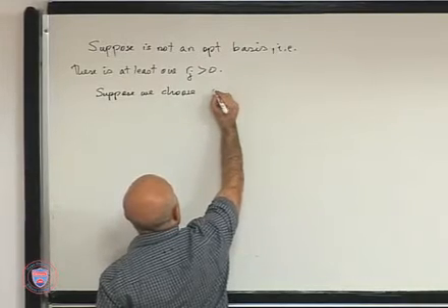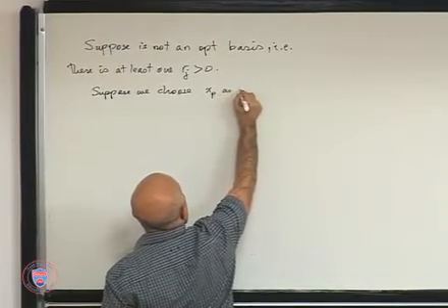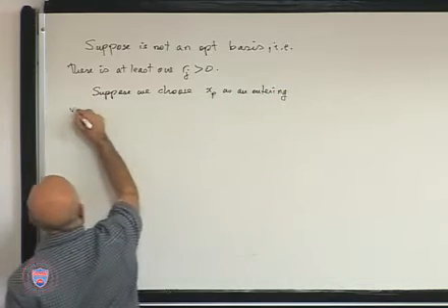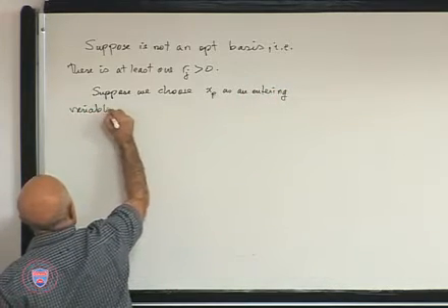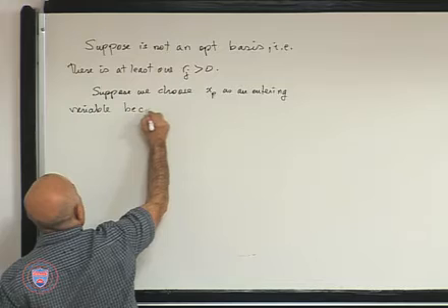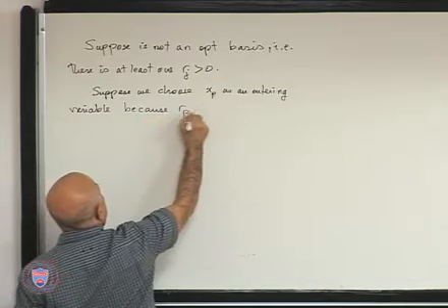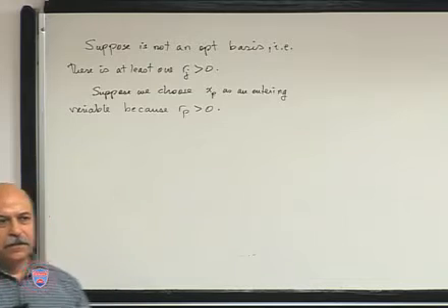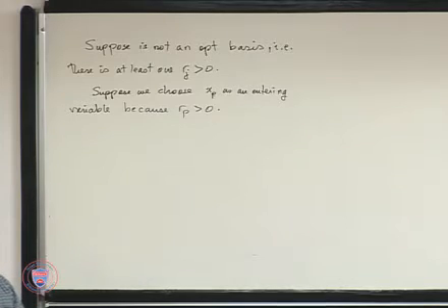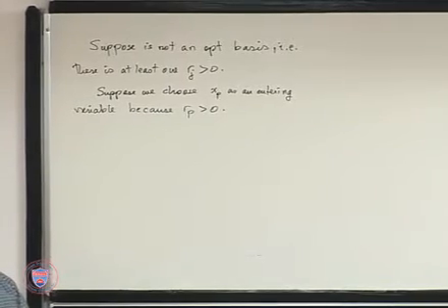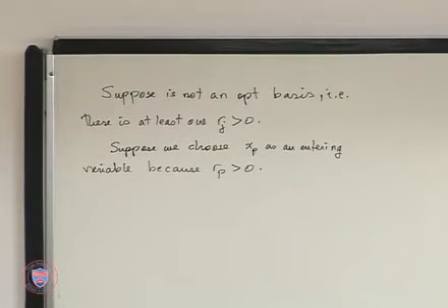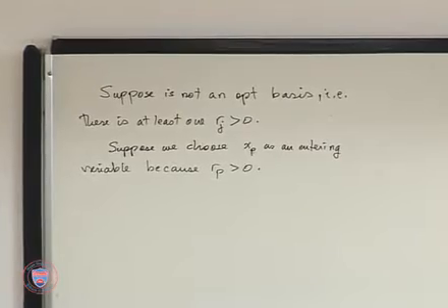Suppose we choose xp as an entering variable, because we know that its reduced cost is positive. And I mentioned this a number of times: traditionally, people are tempted to choose the most positive one for minimization, but it could be any positive Rj also.